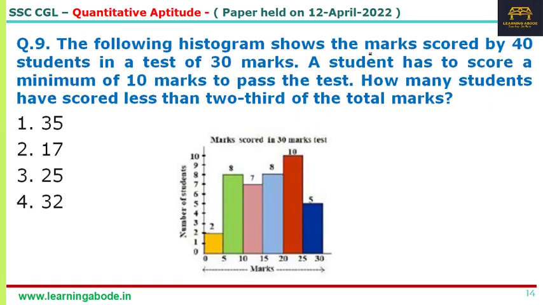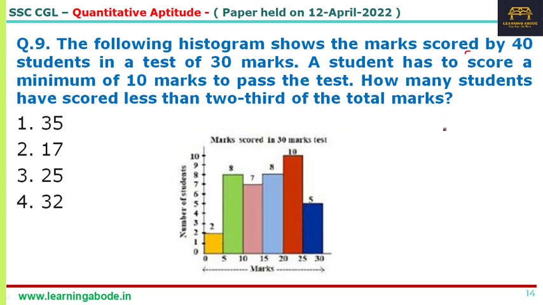Now 9th question, another statistical chart, or let's say data interpretation question. They have given the marks scored by 40 students in a test of 30 marks, and the minimum pass mark is 10. The question is, how many students have scored less than 2/3 of the marks?